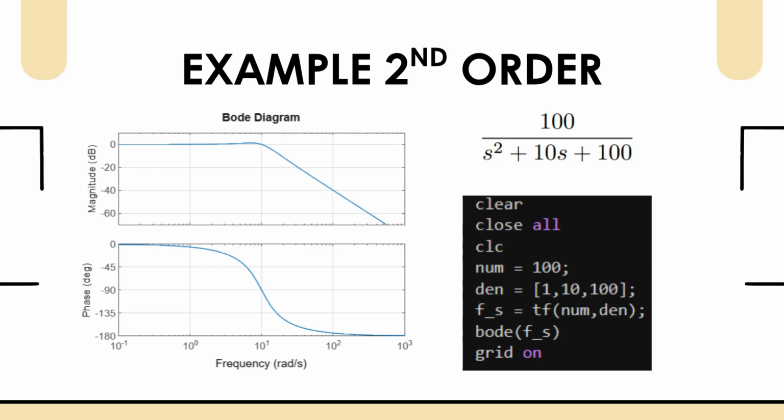We just have to put the numerator and denominator and put the transfer function, and we just use the Bode diagram command, and then we get the Bode diagram in MATLAB.